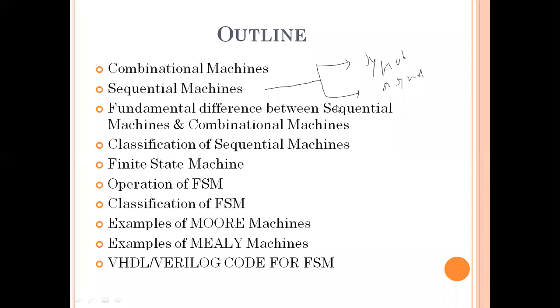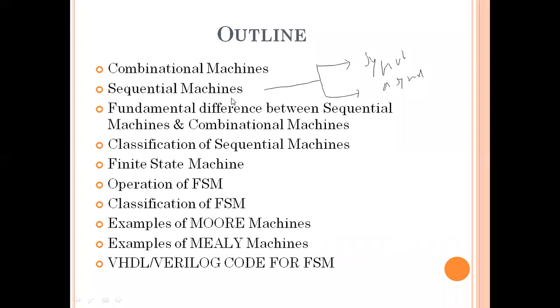Number of states can be defined in a finite state machine.